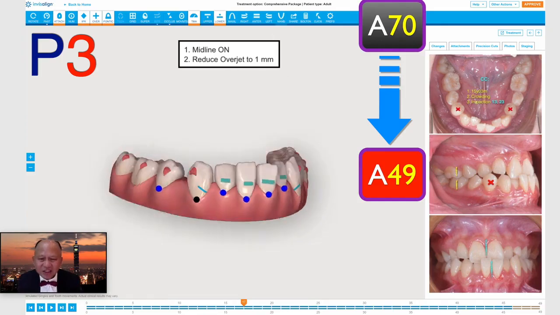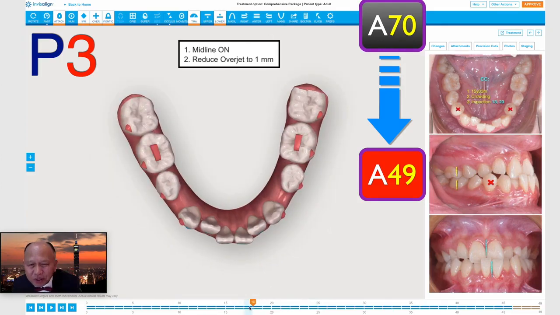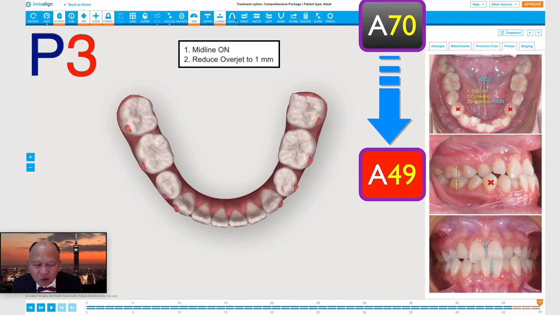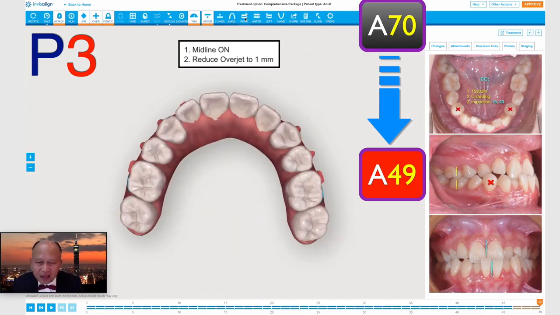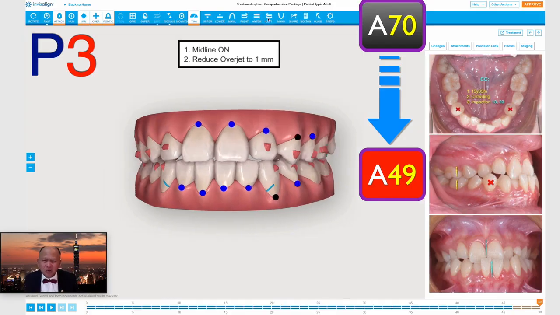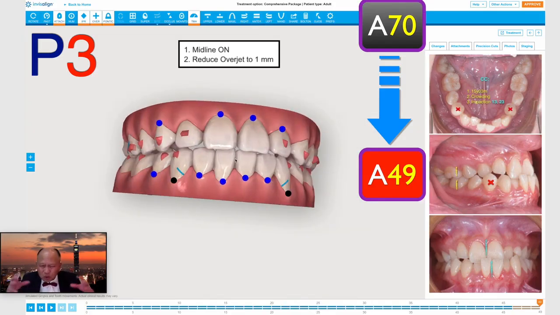Why can they do that? Because you give a precise instruction. Do not just say, oh, I want an ideal occlusion, I want to follow the six keys to normal occlusion, I want to follow the ABO or CRE score of 0. They don't know. It's too vague, too big.